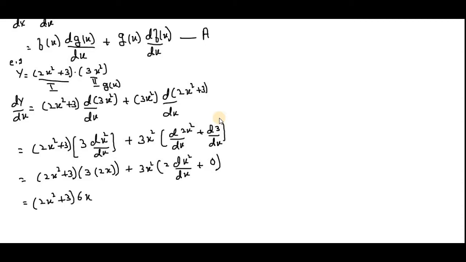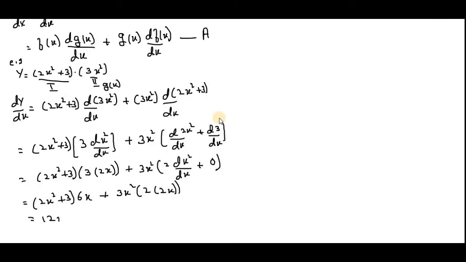Now 2x square plus 3 into 6x plus 3x square to 2x square, as we have applied the power rule, and 0 is omitted.